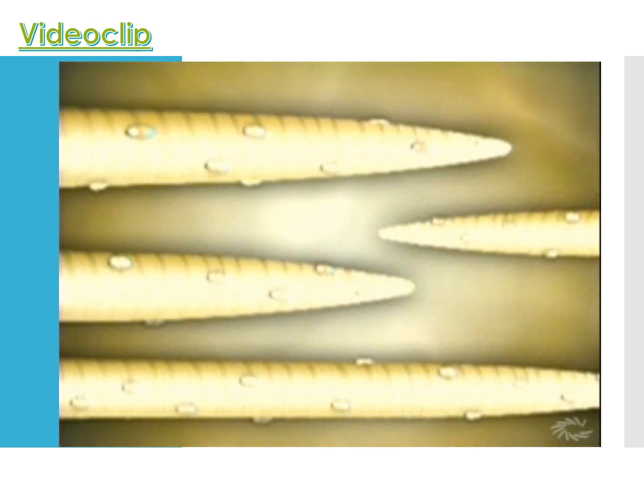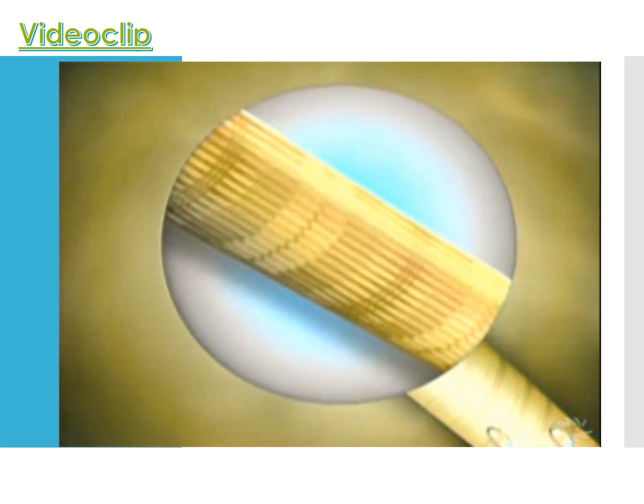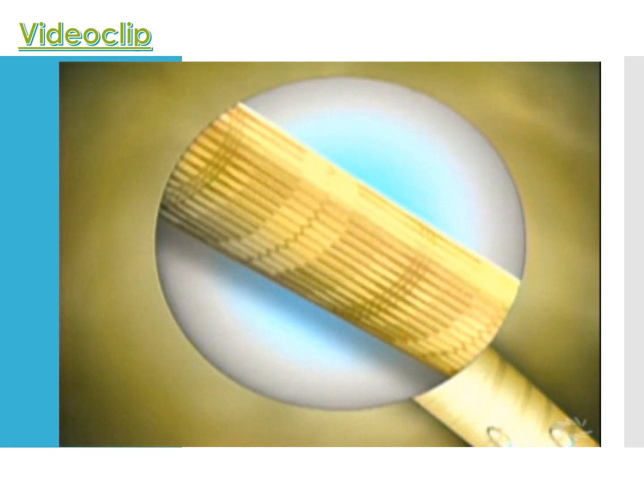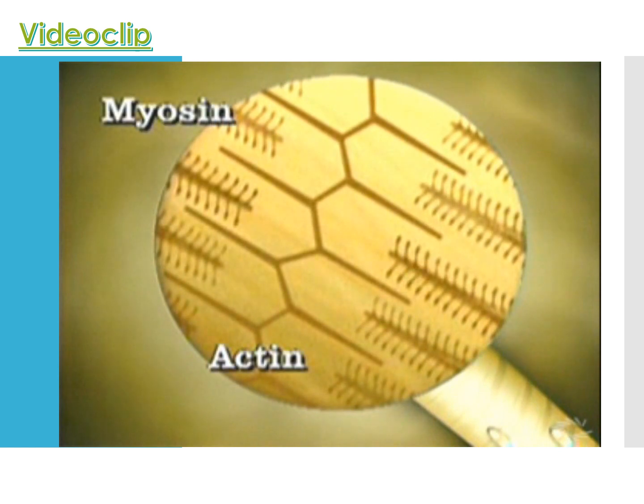The muscles attached to the skeleton have cells that look very unlike skin cells. Muscle cells are very long and fiber-like. Each cell contains many fine threads called myofibrils. Myofibrils, in turn, contain two types of even smaller filaments called actin and myosin.